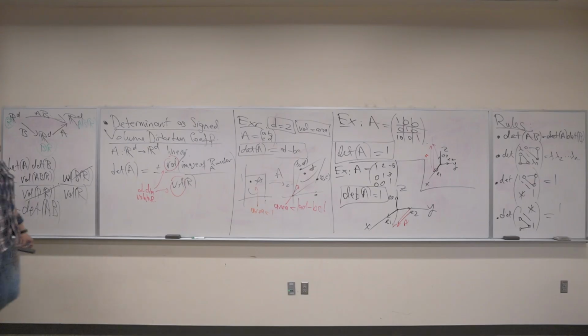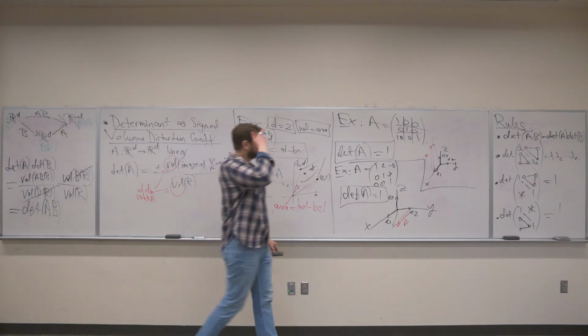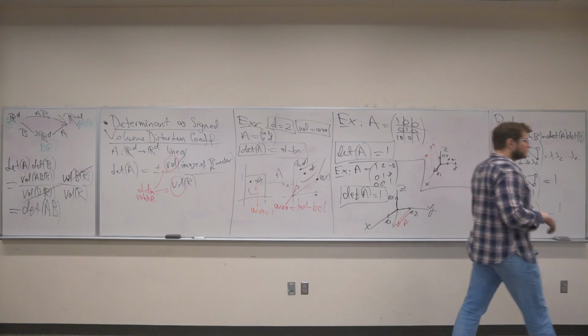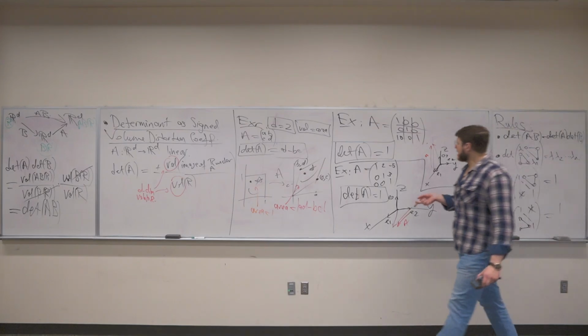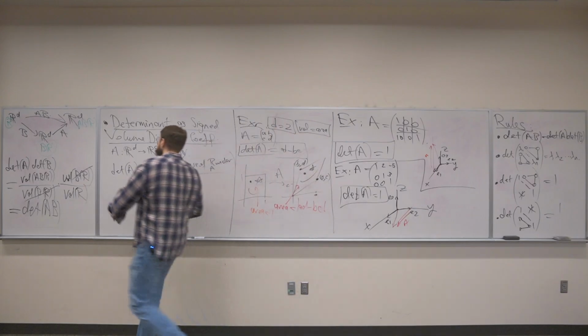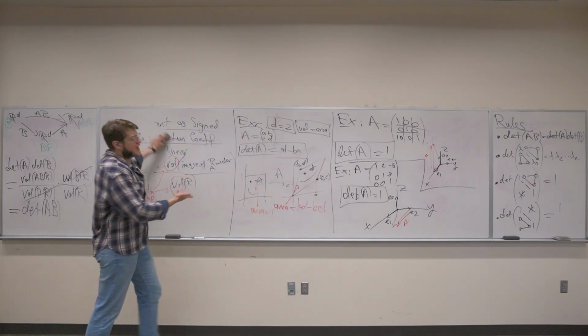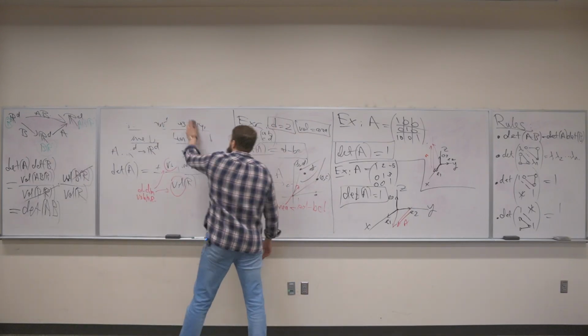And so, using this idea, in fact, I can compute the determinant of an arbitrary, say, lower triangular. Say I have something like this, but maybe on the diagonal I have numbers that are not 1.